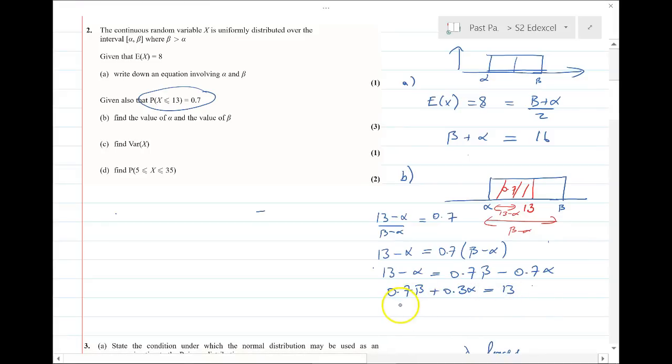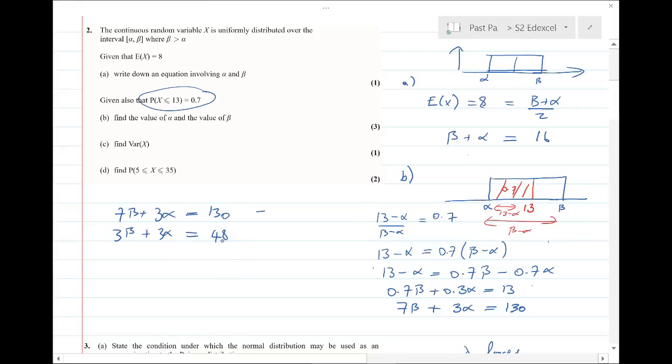It's not particularly difficult, but I'm going to do it by elimination. Times by 10, and times the other one by 3, so we've got 7 beta plus 3 alpha equals 130, and we've got 3 beta plus 3 alpha equals 48.